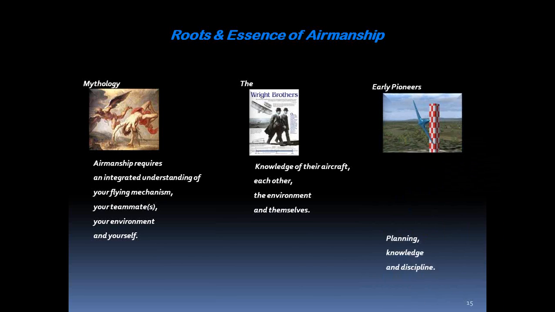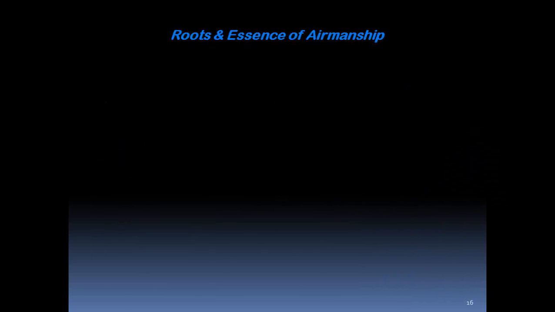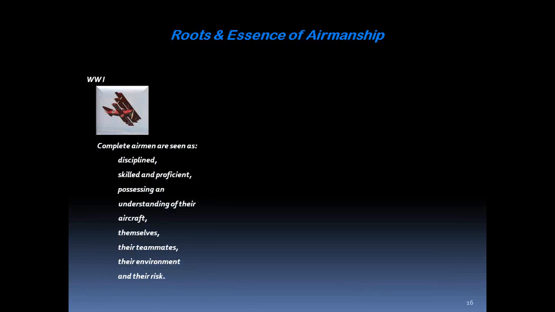And then the early pioneers brought in things like planning, knowledge, and discipline to the airmanship equation. By World War I, things were starting to really get organized, and by World War I, complete airmen were seen as disciplined, skilled, and proficient, possessing an understanding of their aircraft, themselves, their teammates, their environment, and their risks.